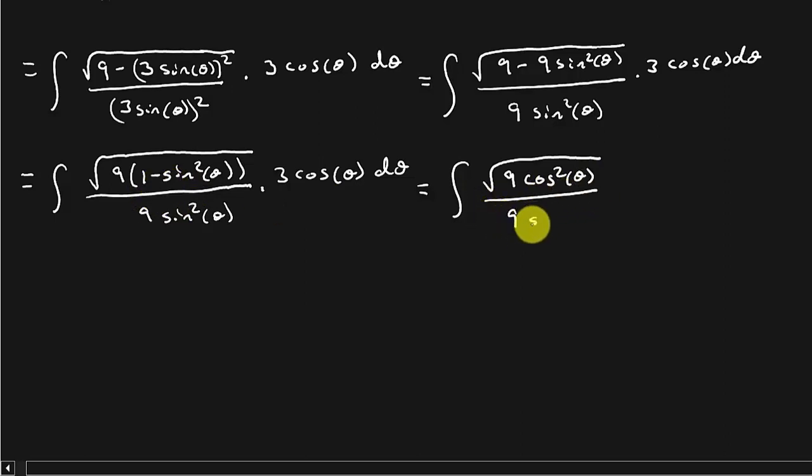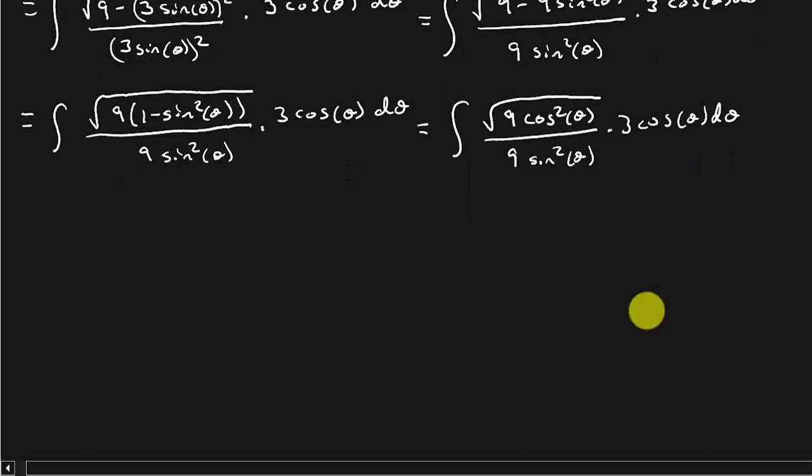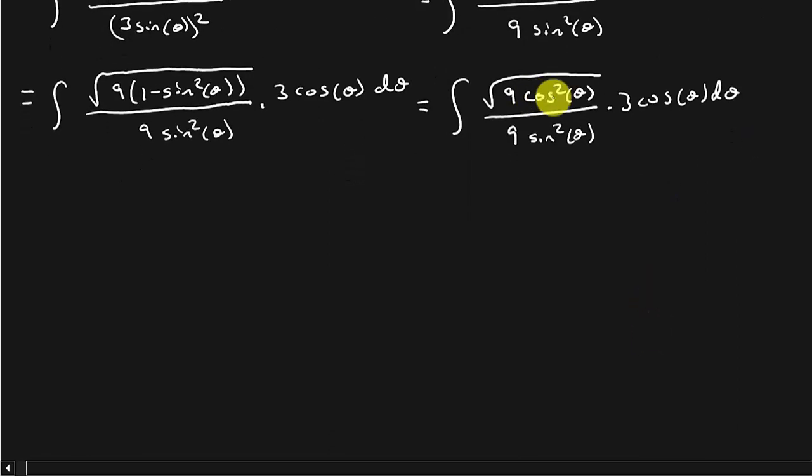And that's over 9 sine squared theta times 3 cosine theta d theta. And now if I take the square root of this, that's going to be the integral of 3 cosine theta absolute value, and I'll explain that in a minute.